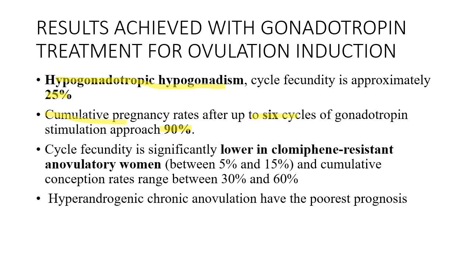But in cases of clomiphene resistance where we have given gonadotropin, the rate will be around 5 to 15%, and the cumulative conception rate will range from 30 to 60%. So patients with hypogonadotropic hypogonadism have a good success outcome of 25% compared with the clomiphene resistant group, which has around 5 to 15%.